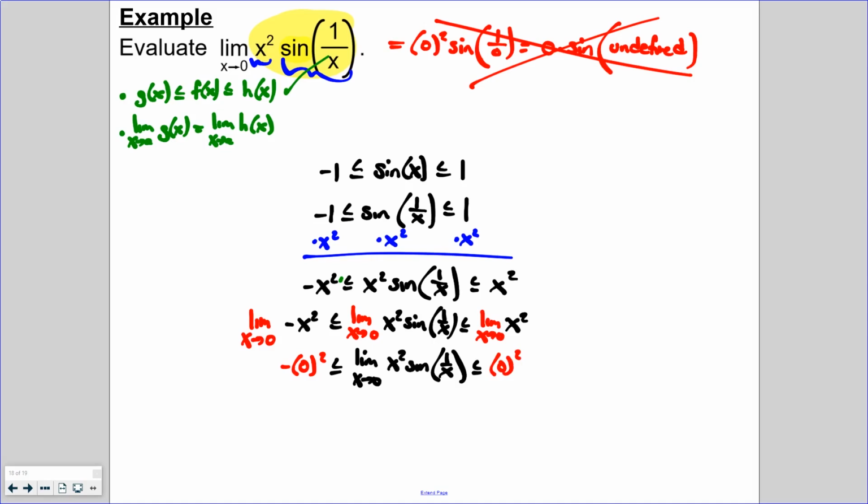Well, 0 squared times a negative is just going to be 0, and then 0 squared is just going to be 0.